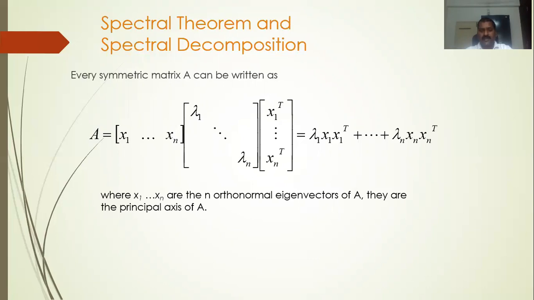All the data will be around these axes, if A represents a data matrix. And D is the diagonal matrix of eigenvalues.